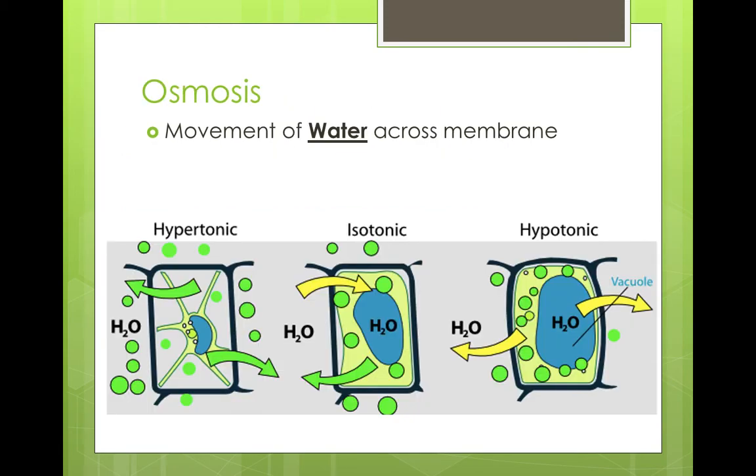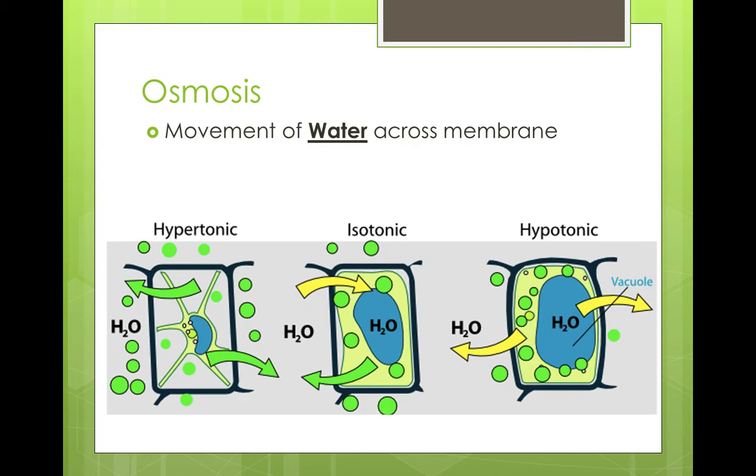All right. Osmosis. Now, we're going to have a day specifically where we go over each one of these terms that we see here. For right now, all I want you to know is that osmosis, the definition of it, is the movement of water across the membrane. Okay? In the next class, on day 2, we're actually going to go over it specifically because there are certain types of problems or questions that you will see directly using this information.